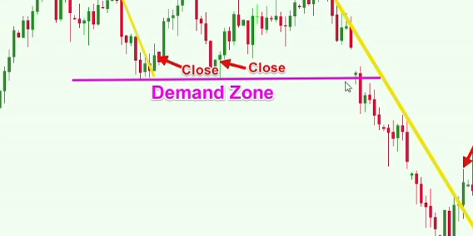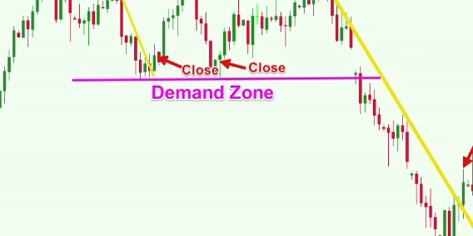Now, after this demand zone is broken, this demand zone becomes what? A supply zone. So sometimes the market will form a new demand zone, and then it will reverse again, and then it will retest the previous demand zone.